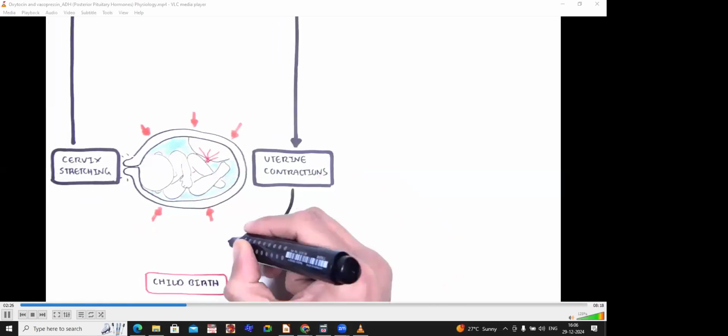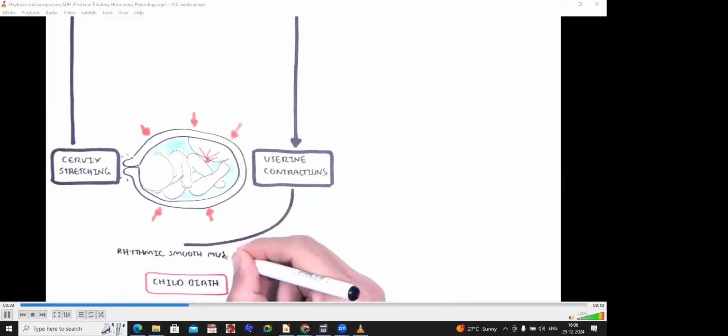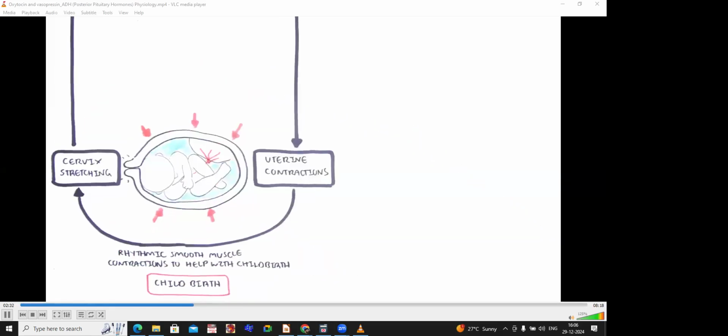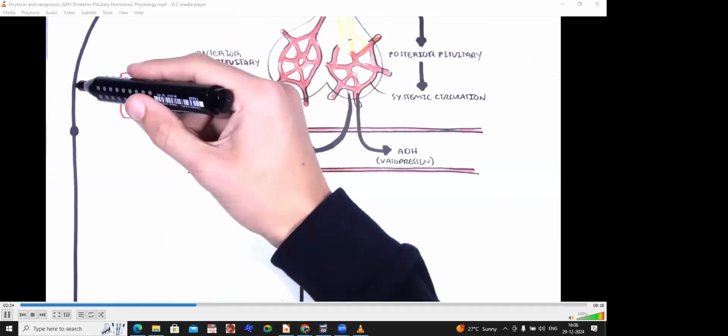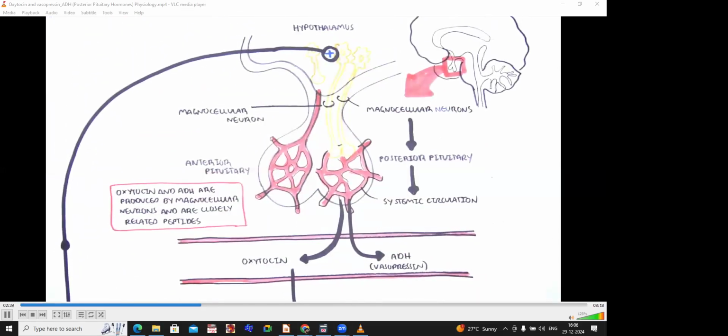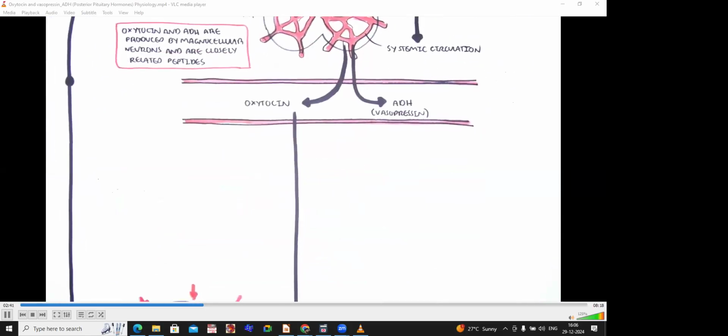Uterine contractions will further promote childbirth, further stretching the cervix, which will relay a positive feedback loop back to the hypothalamus to secrete even more oxytocin. This continues until childbirth is complete.